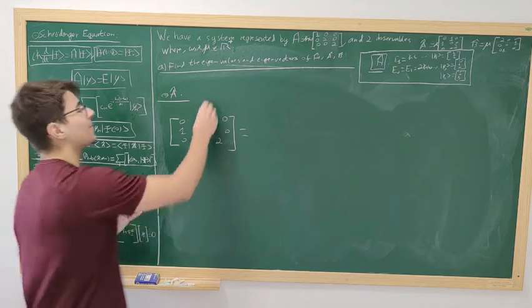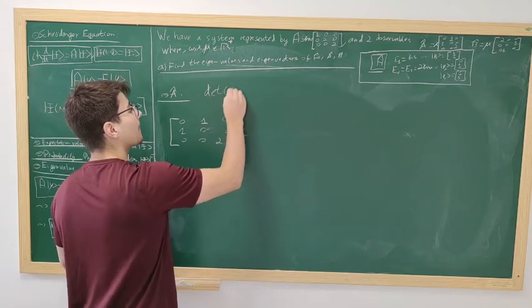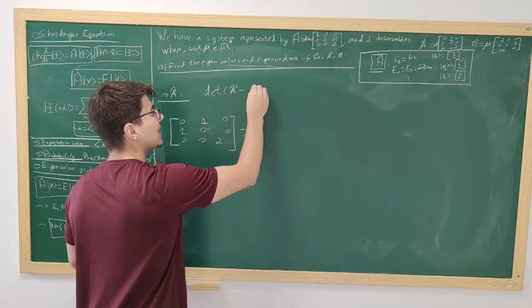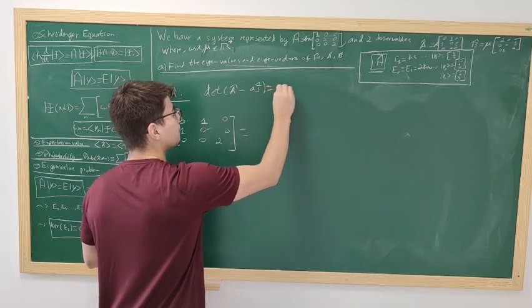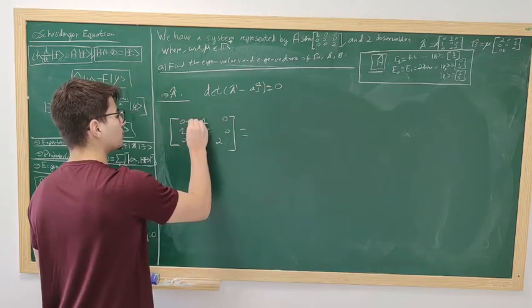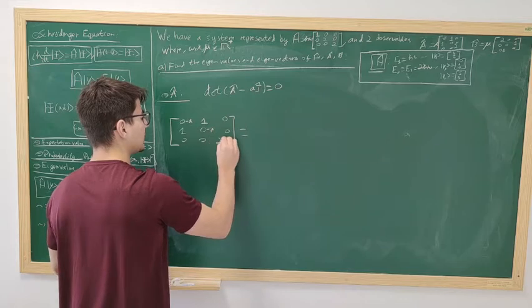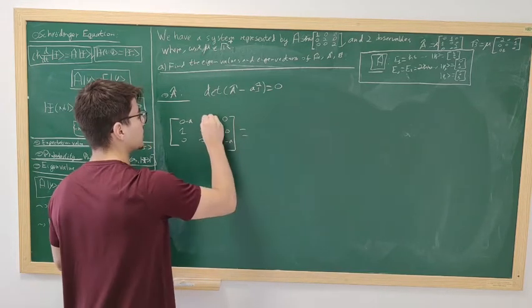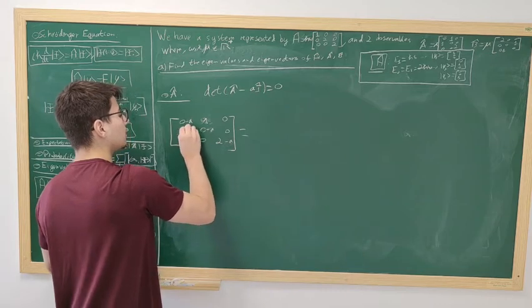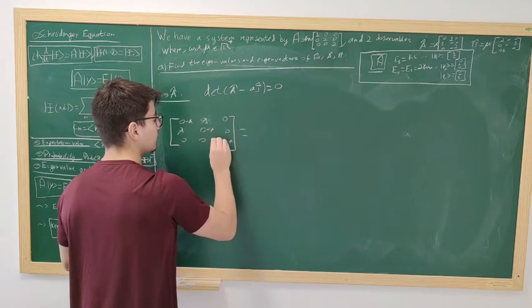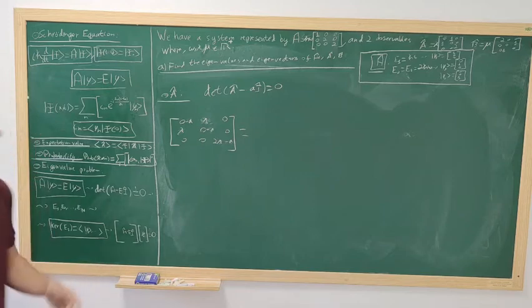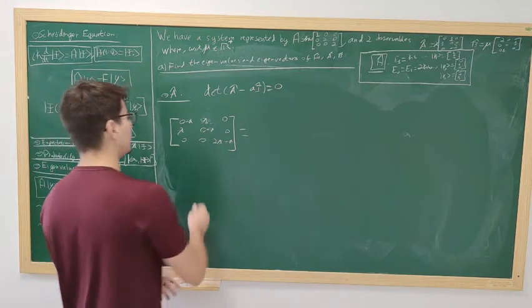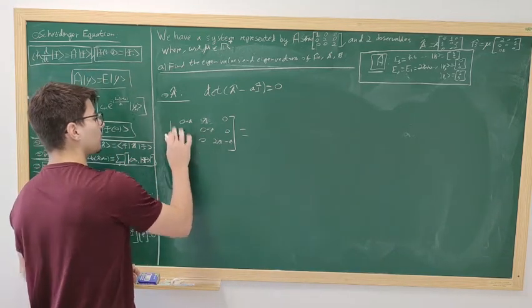We need the determinant of A minus a times the identity to go to 0. So here we subtract an a on each diagonal entry, and we'll multiply by lambda because we have a lambda there. Let's just write the determinant of this matrix.